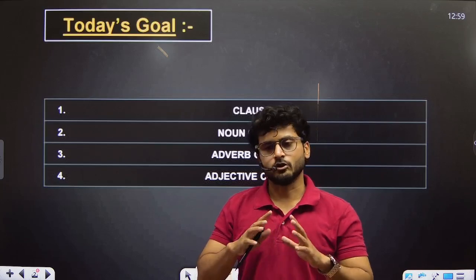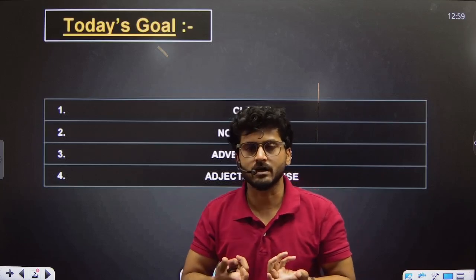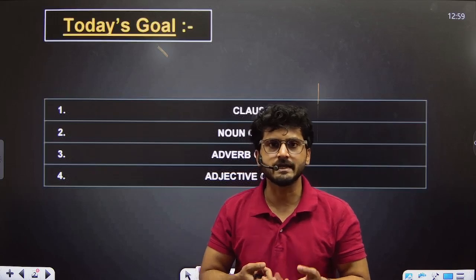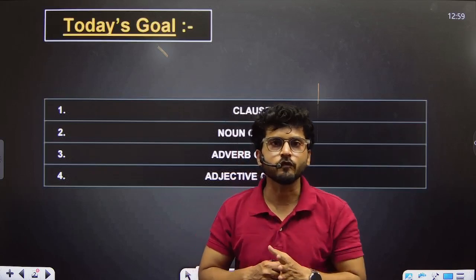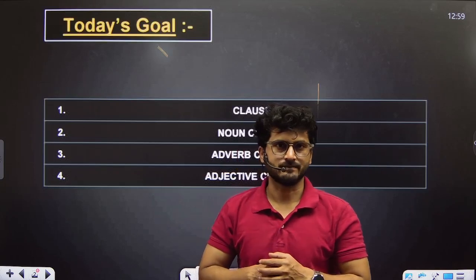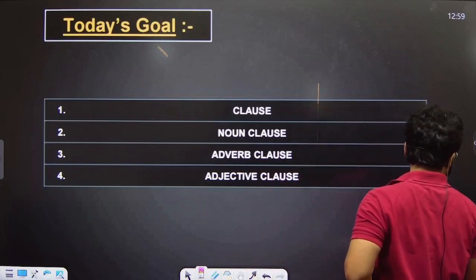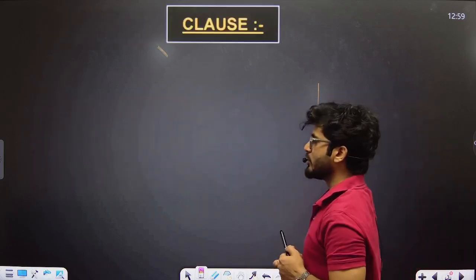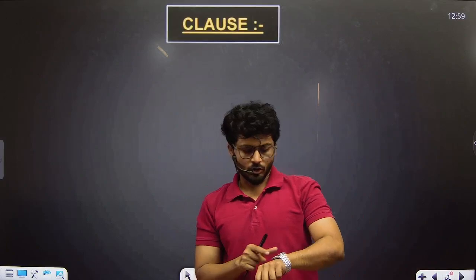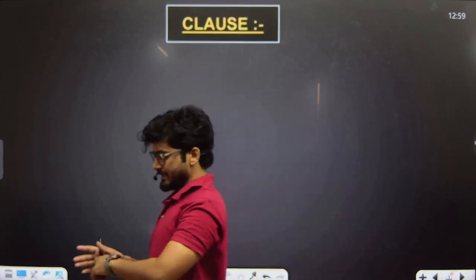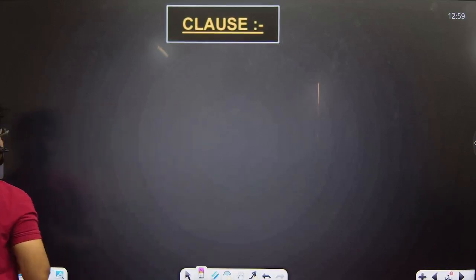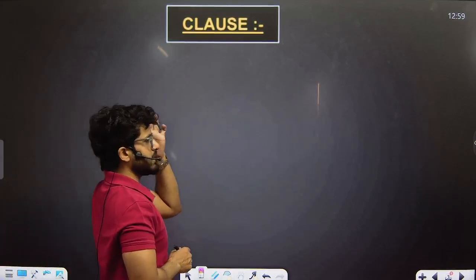Got it? So the number of subjects and verbs contained inside a sentence is equal to the number of clauses. Clauses are of two categories, categorized as per their dependency.